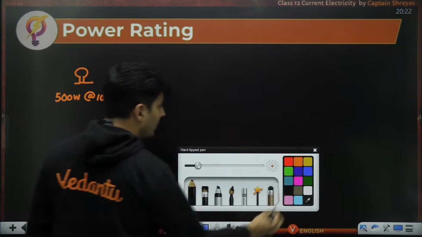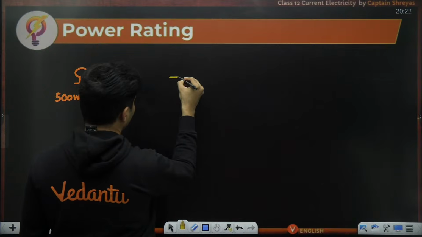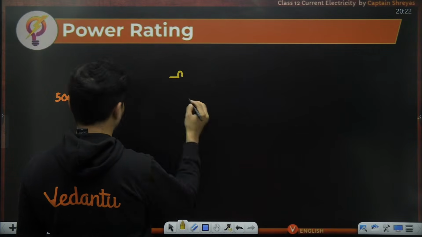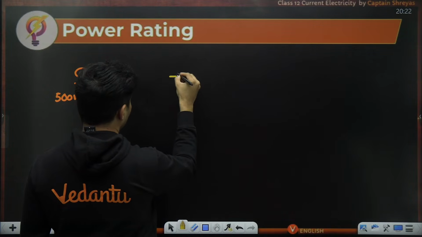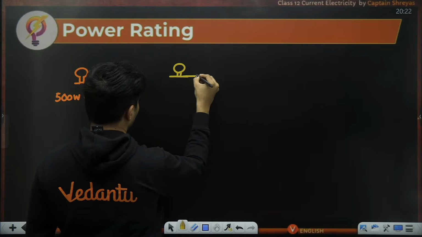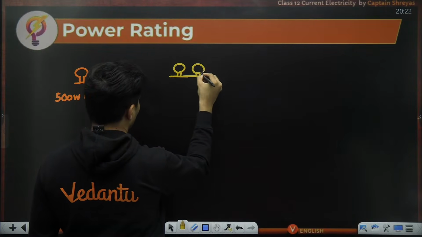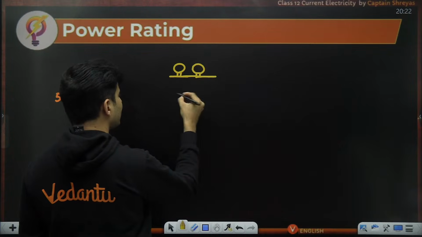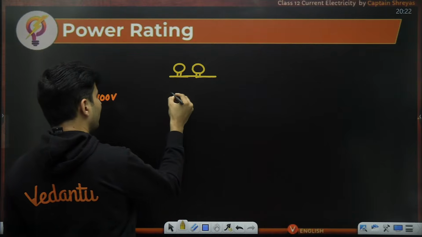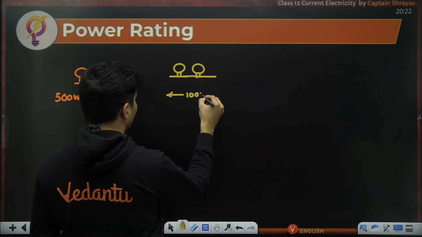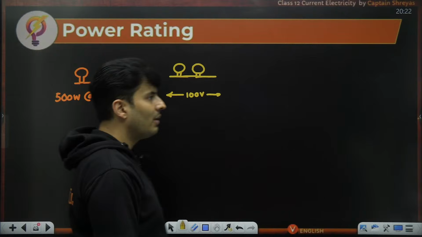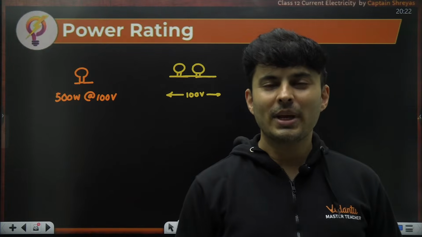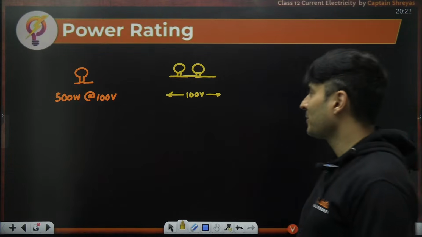I've given some random numbers. What if I connect two such bulbs, or maybe three such bulbs, or four such bulbs, in series? Then, if the net voltage is still the same, what do you think will the new power be for those bulbs? Quickly think about the answer.